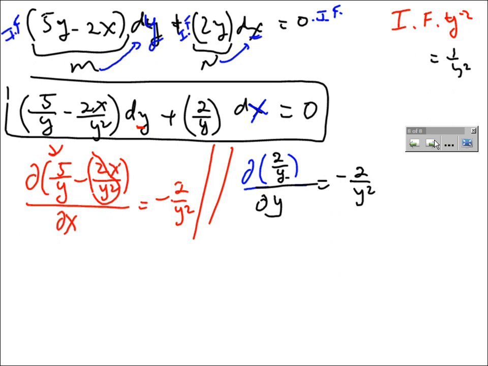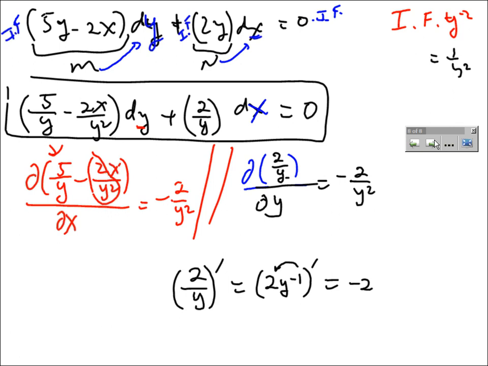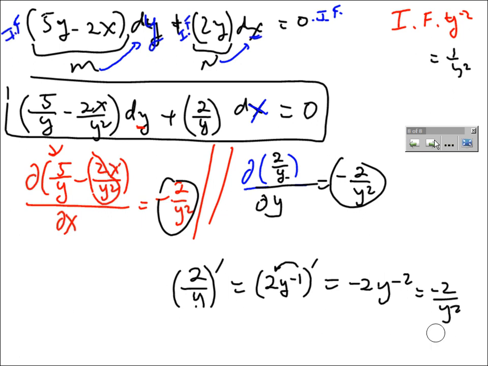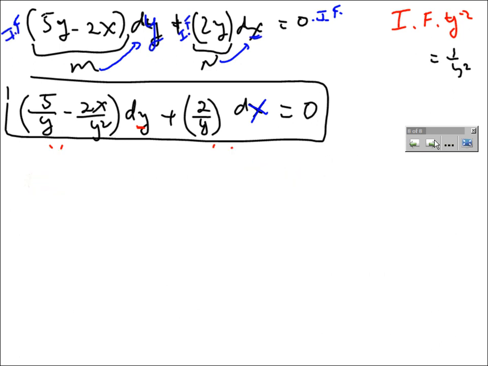All I did was take the derivative. 2 over y is the same as 2y to the negative 1. We bring down the power, multiply it by the 2, make the new power 1 less, get negative 2 over y squared. Yep, they're equal. So we do have an exact differential equation.